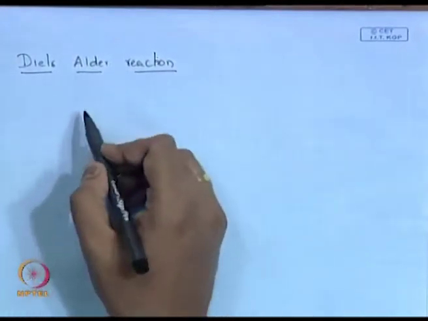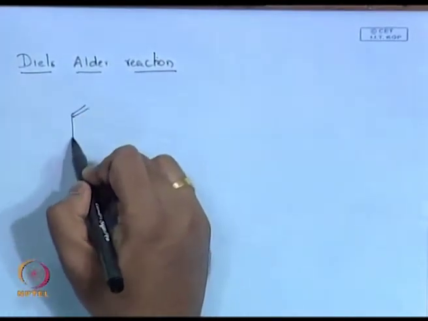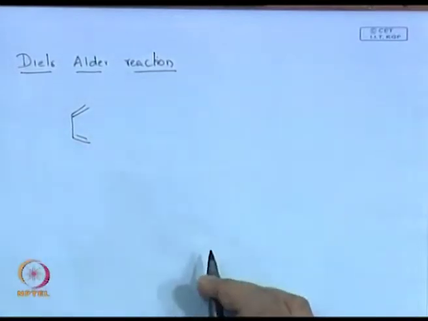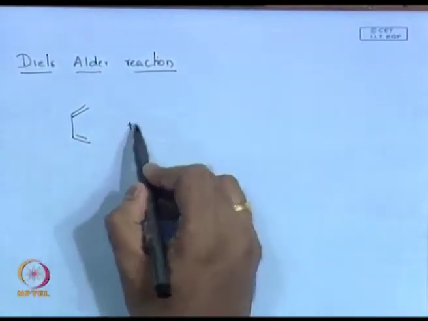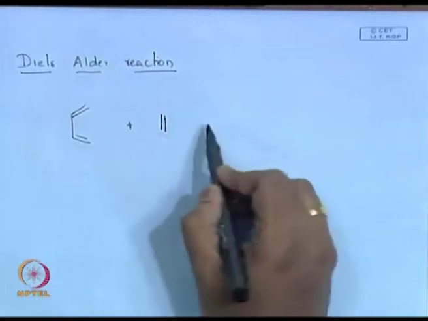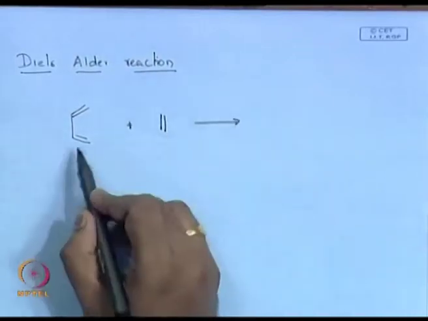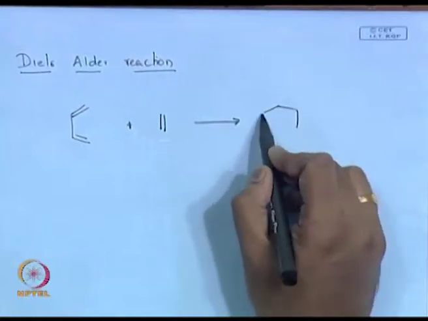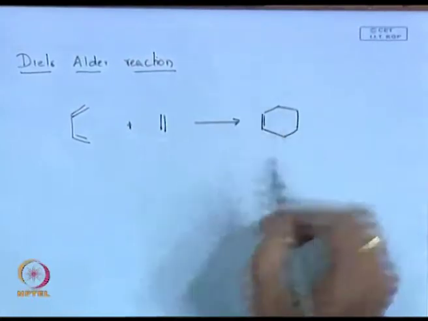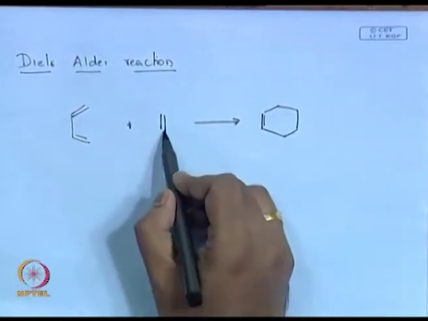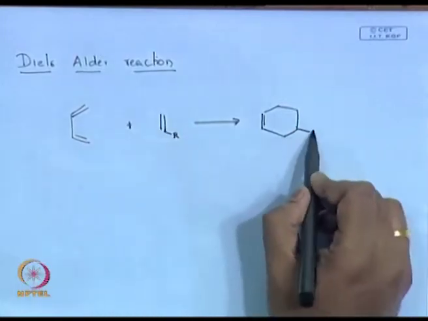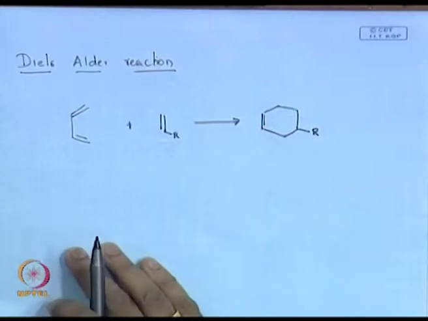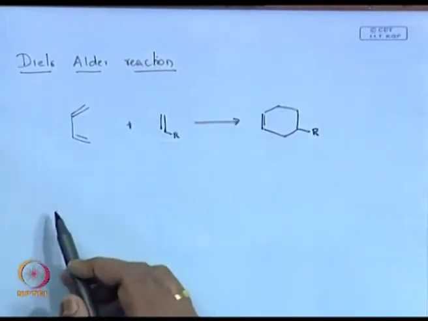You can have a 4 pi electron system, and a 2 pi electron system, your alkene. This is your diene, butadiene, and with your alkene it forms a nice cyclic product. You can end up with a substituent here. So this is your simple Diels-Alder reaction.